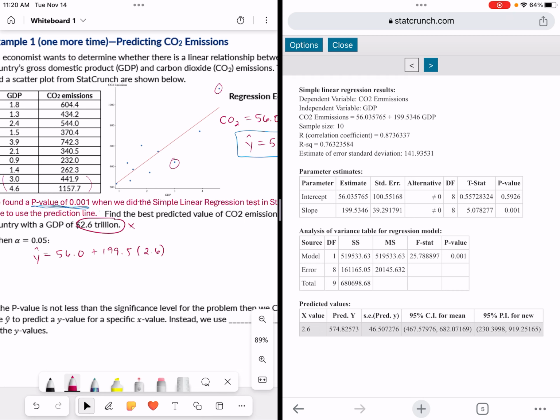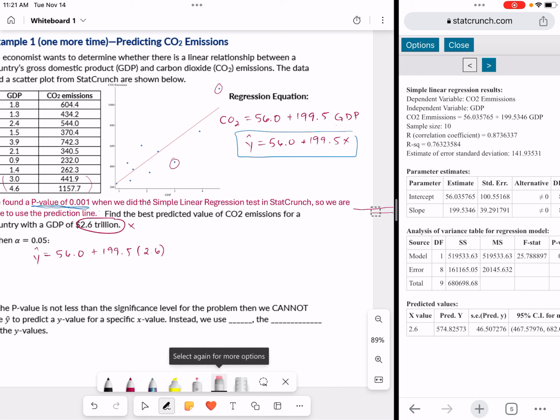So only that first number to indicate which x value I plugged in, and then that's 574.8 would be our value. And that was, I think, million metric tons. I may be wrong about those units, but I'm pretty sure that that's right.